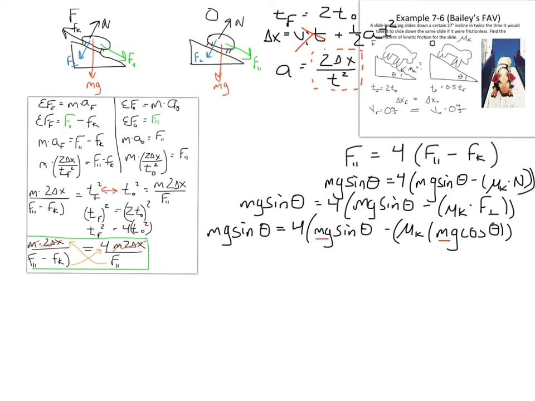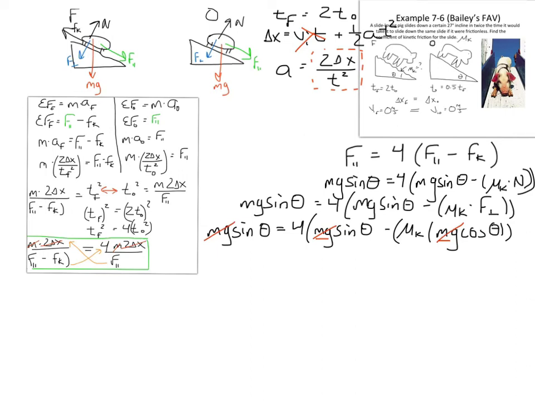So that mg is going to go away, that mg is going to go away, that mg is going to go away. So it doesn't even matter what mass the pig has, because it would apply for any pig, big or small. Wow, that became a lot easier real quick.